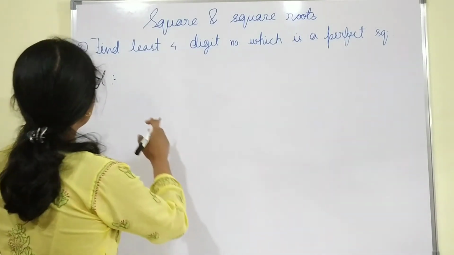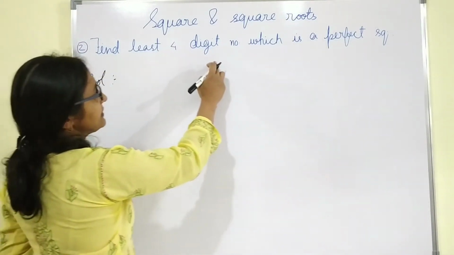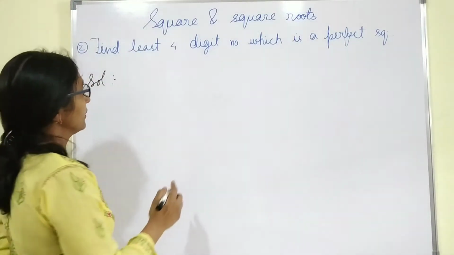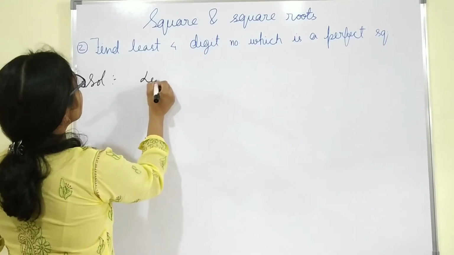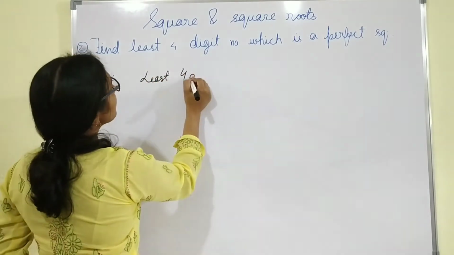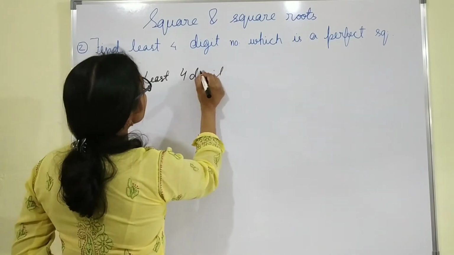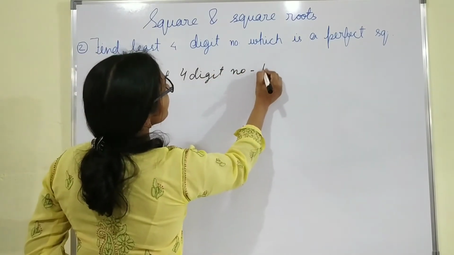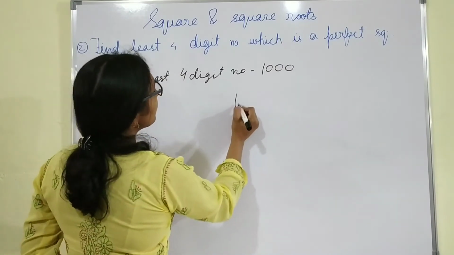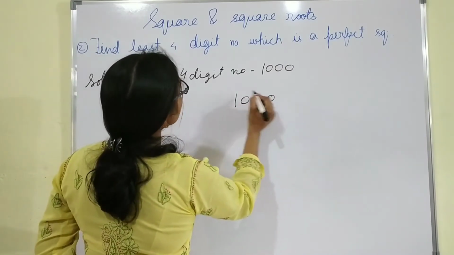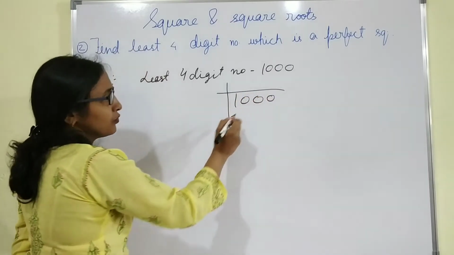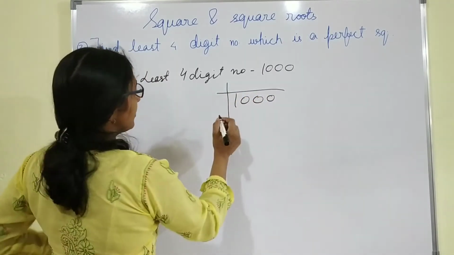Now the next example is to find the least 4-digit number which is a perfect square. So the least 4-digit number is 1000. Okay. So we will first find the square root of this number.